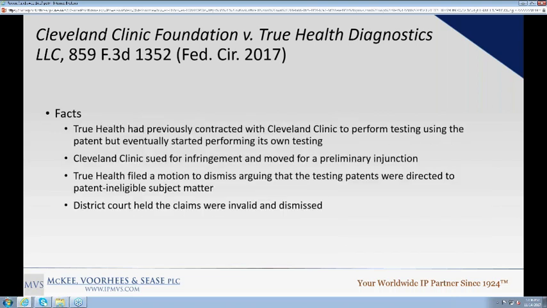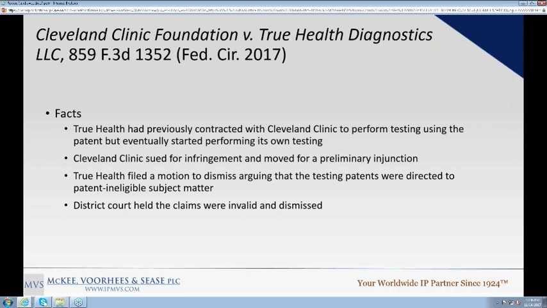So what had gone on is that Cleveland Clinic had these patents issued, and they had used True Health Diagnostics to make and sell tests for assessing the MPO and cardiovascular risk for doctors.